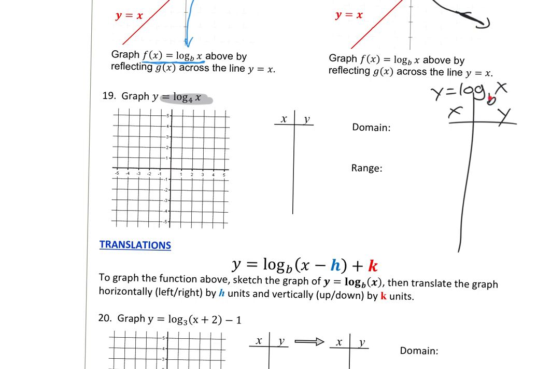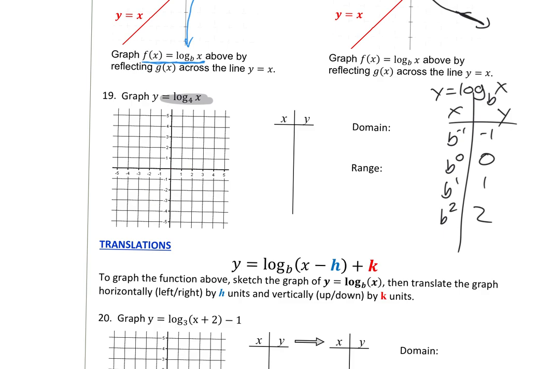We know that if I had b to some exponent, the base b and the log base b would cancel out to just be the exponent. So let's choose to do that. Let's do b to the -1, b to the 0, b to the 1, b squared. What would you get? You would just get out -1, 0, 1, and 2. So we're going to use that to our advantage. We're not going to plug in a typical 0, 1, 2. We're going to take our base to that exponent so that we can get out something really easy to graph.